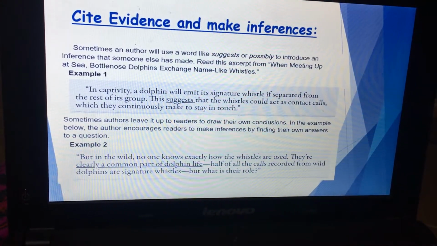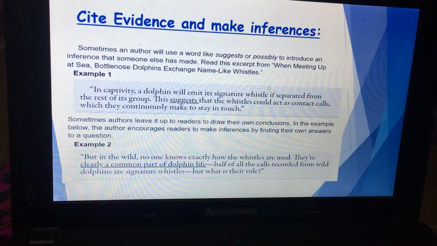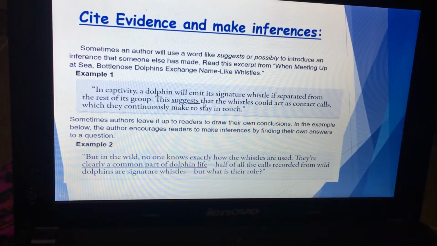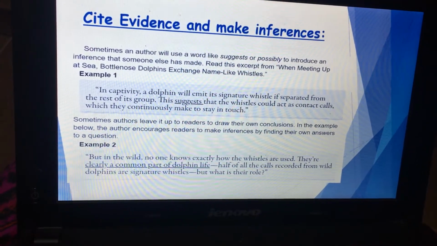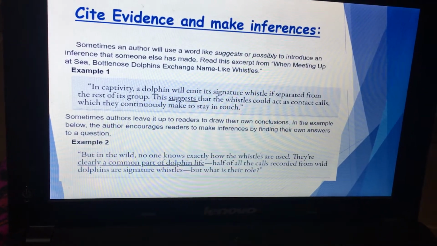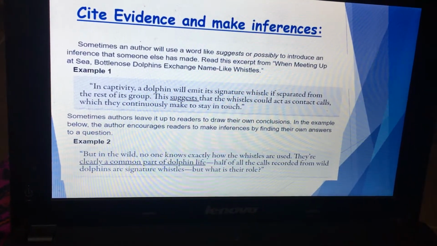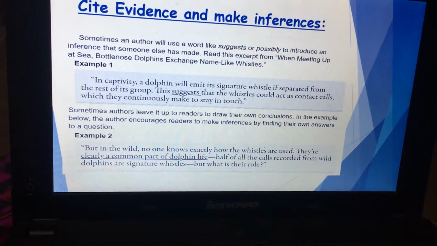Now, the word suggest, if you notice over here, is underlined, and sometimes it leads the readers to draw your own conclusion. Now, suggest, if you're going to talk about the signature whistle, it suggested that the whistles could act as contact calls, while you are free to make your own inference.